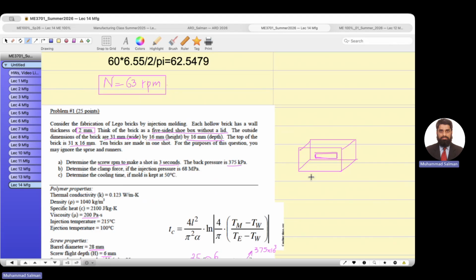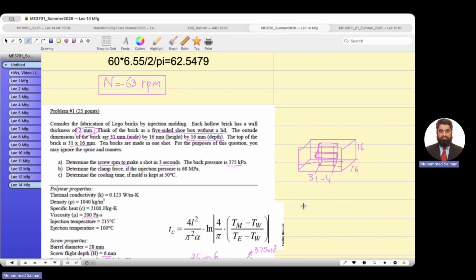So if it is 31 by 16 and by 16, or if I do this like this, 31 minus 2, if you say 2 millimeter, you subtract 4 from each side.